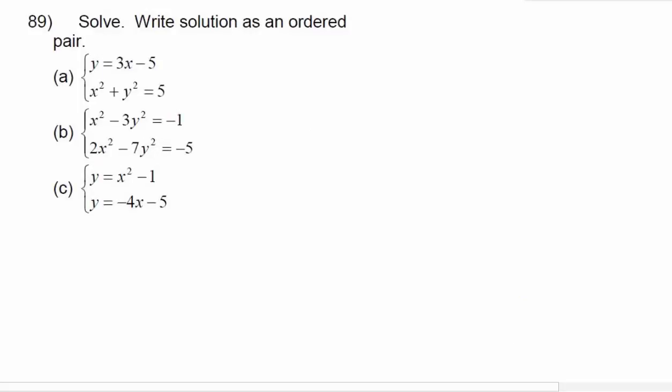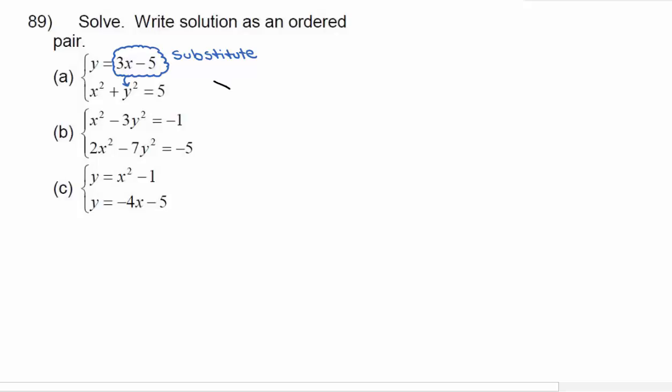89. I'm just going to do A here to make sure that I don't go over my time limit for my videos. I'll do part B and part C on another video. So 89 says solve and then write the solution as an ordered pair. I'm going to substitute the 3x minus 5 that I have here equal to y into this y squared.